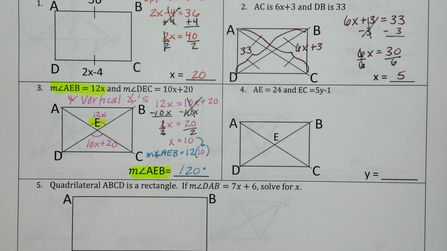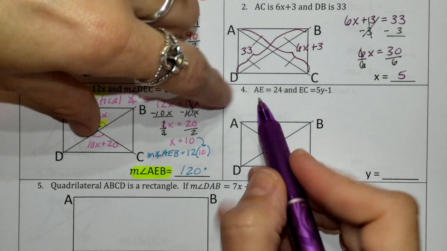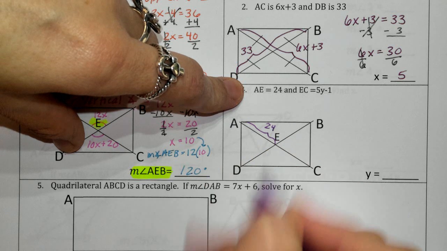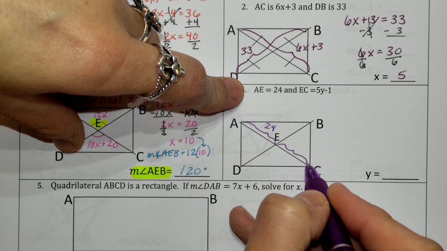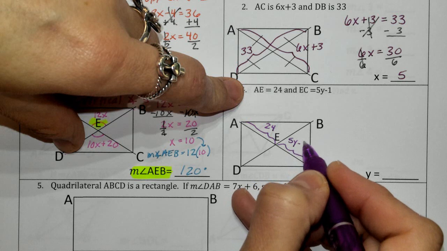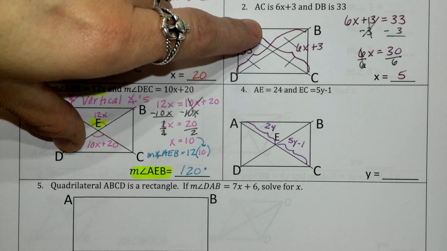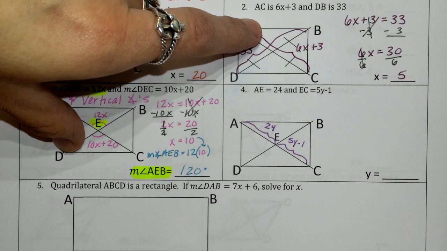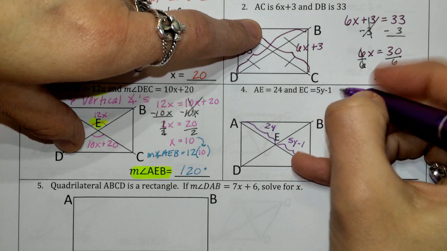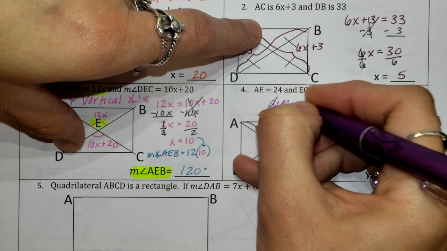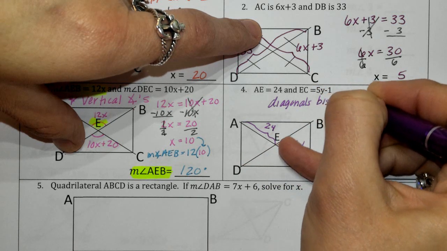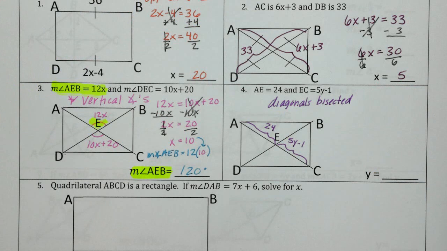Number 4, we are told here that the length of AE right here is 24. And the length of EC is 5y minus 1. The property that we are going to be using here is that your diagonals are bisected. Okay, here we have diagonals bisected, which is another property of the parallelogram. There are a lot of properties of parallelogram. That's one of them.